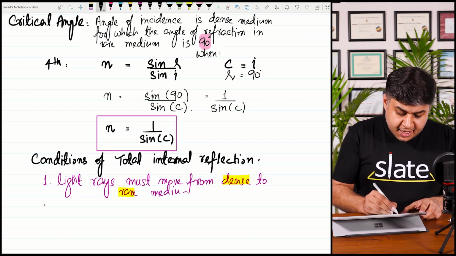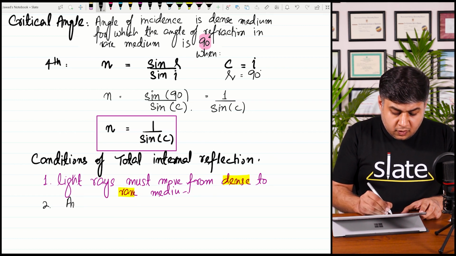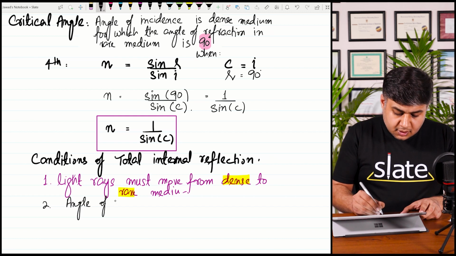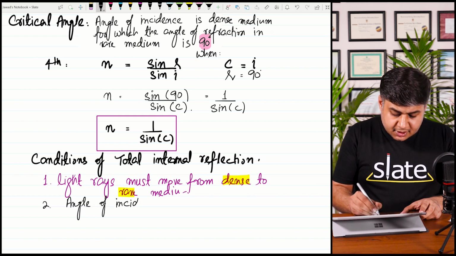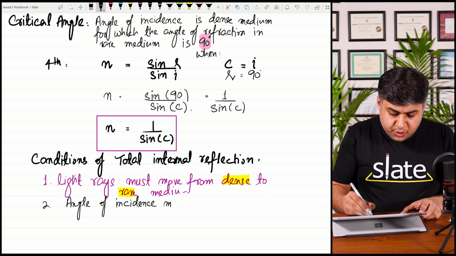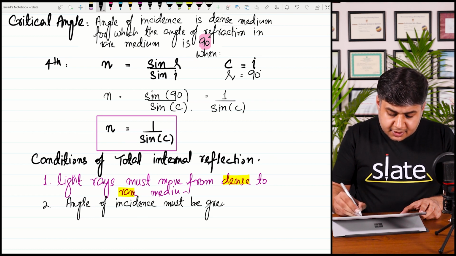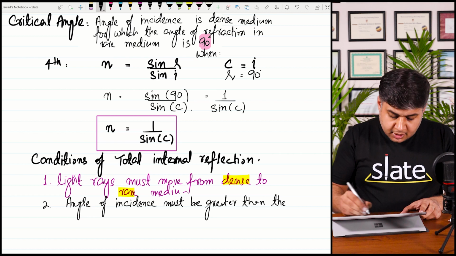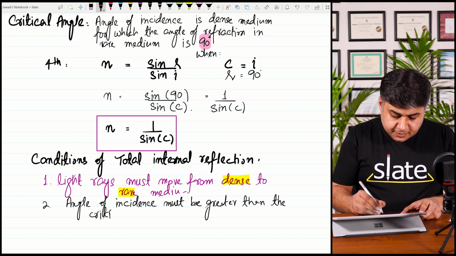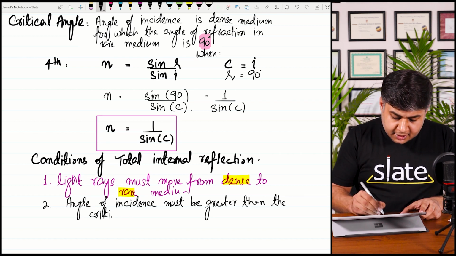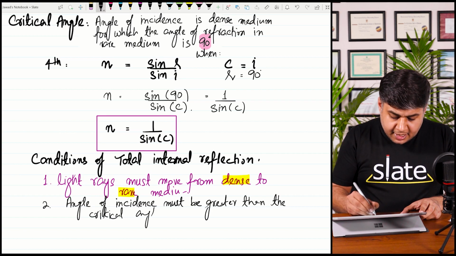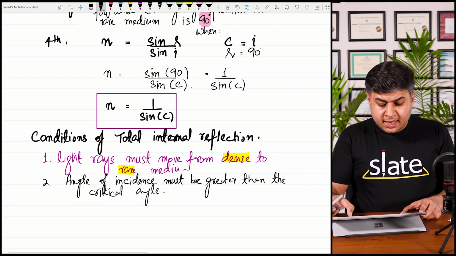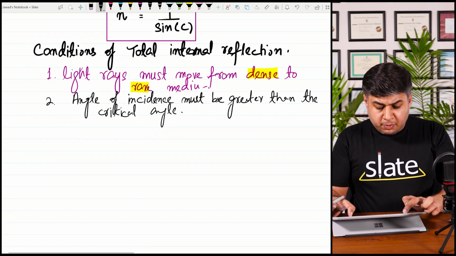Yes, the second condition is angle of incidence must be greater than the critical angle. ठीक है बच्चों, इस सारी सिचुएशन को एक क्वेश्चन के ऊपर अप्लाई कर रहे हैं.